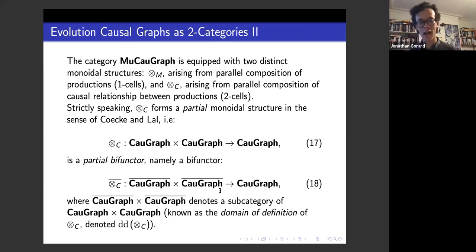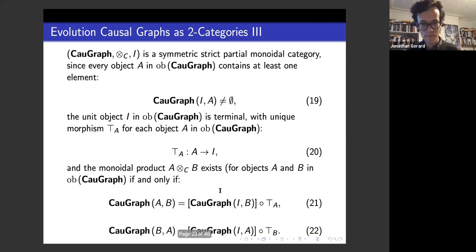And so this subcategory of the full Cartesian product category is what we call the domain of definition of that partial monoidal structure.